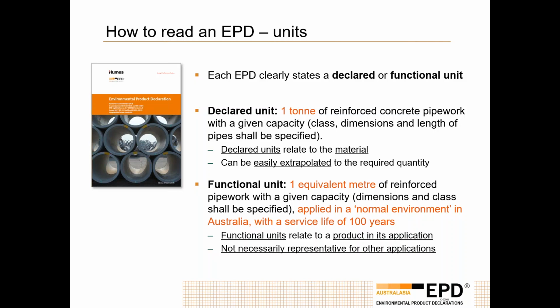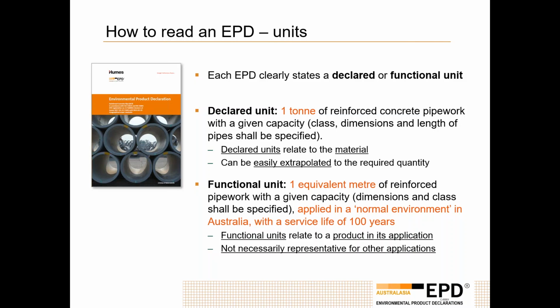Now, a declared unit relates to the material because 1 ton of pipe is not something that you normally order. You would order a specific size of pipe, a specific class, and a specific length. Now, you can have different types of concrete pipes, and they can all be grouped into an average and expressed by 1 ton of concrete pipe.